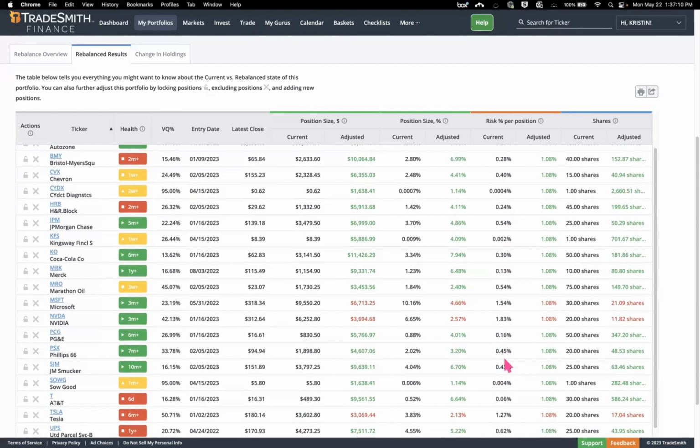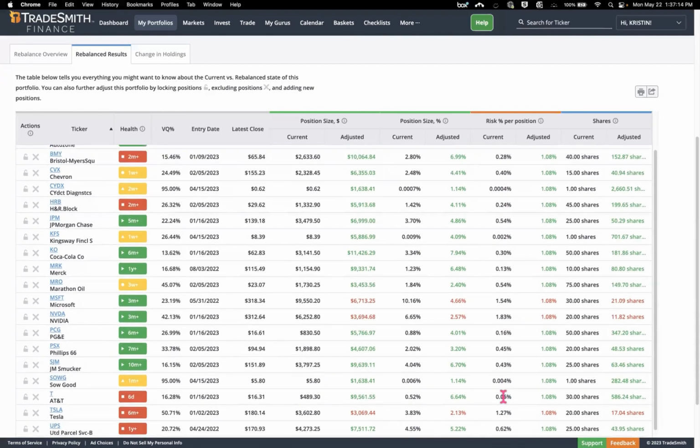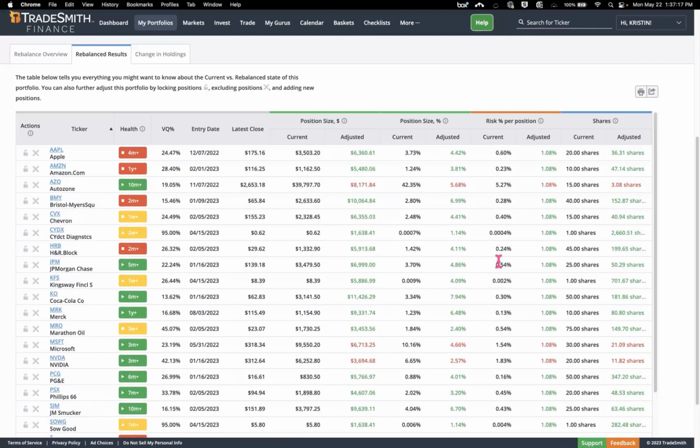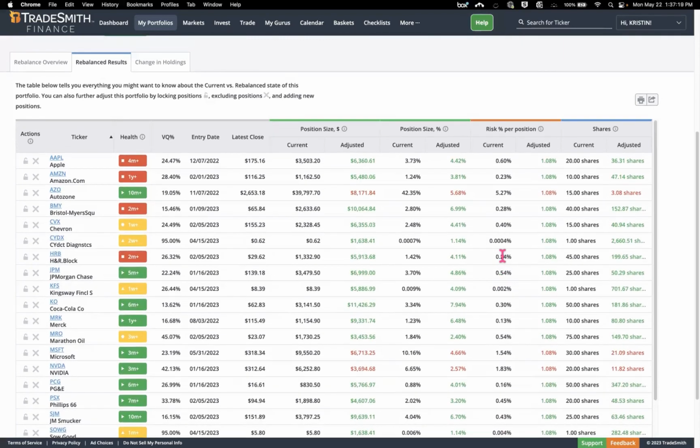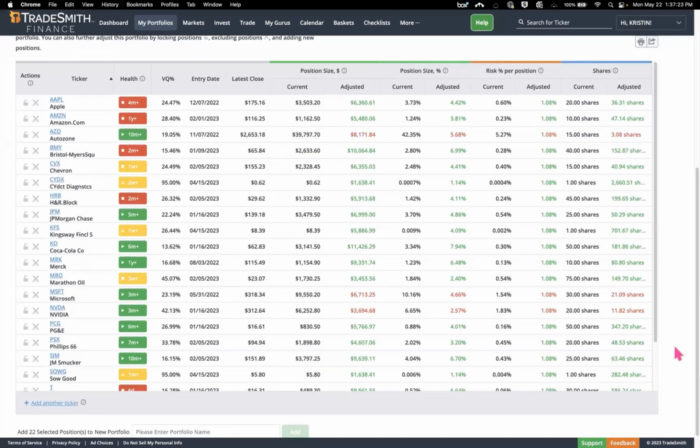They really shouldn't be like that, especially if you're heavily weighted in one position and that position goes downhill, you can be in lots of trouble. And that happened with the COVID crisis. When the markets went down, we saw customers that were heavily weighted in some positions versus others.